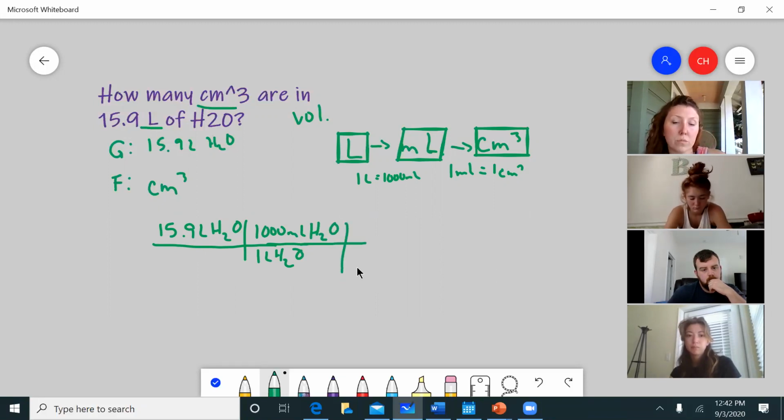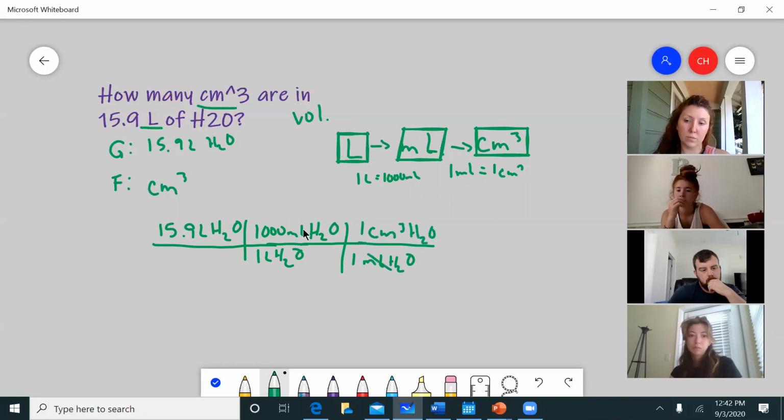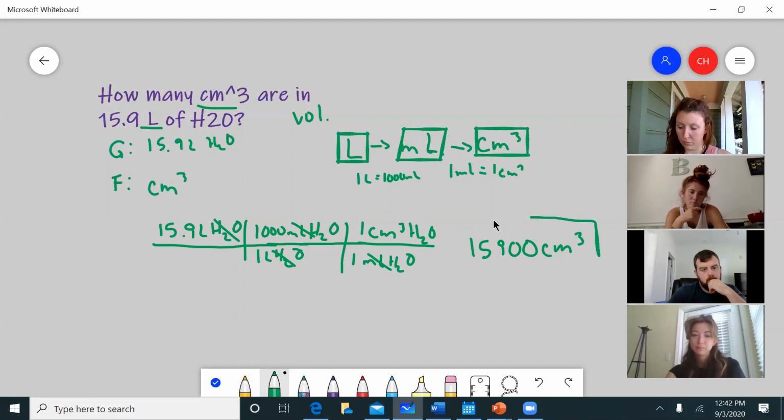And then for every 1 milliliter of H2O, it's equal to 1 centimeter cubed of H2O. Cancels, cancels. So we really only have to move the decimal over 3 spots, and 15,900 centimeters cubed will be our final answer.